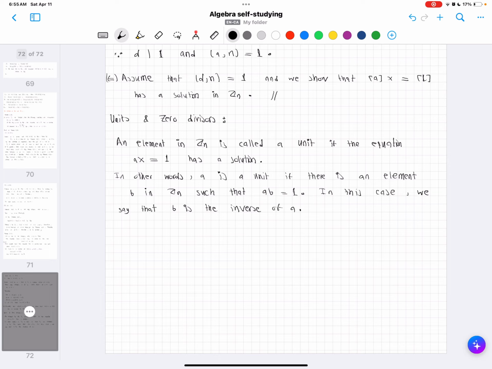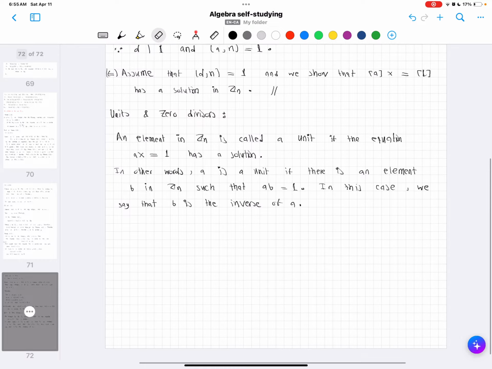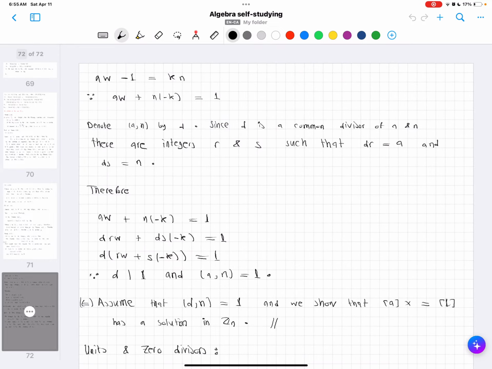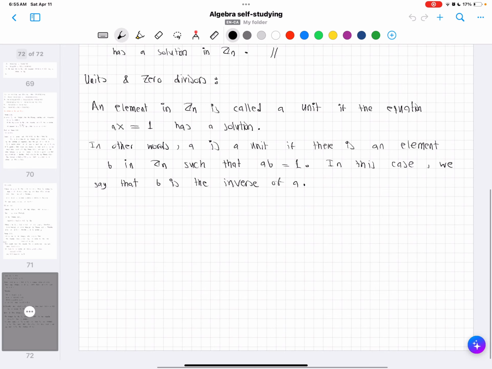Okay, so stated like that, we can rewrite the theorem before in terms of units as well. So sometimes switching languages is very important, so it's important to know that.